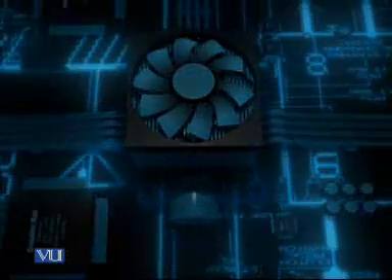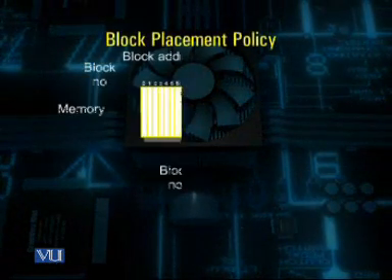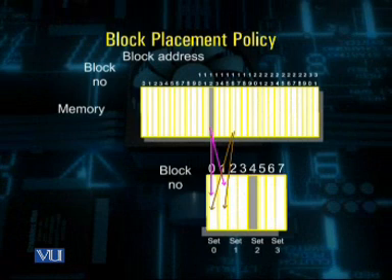Whereas the placement of a block in the cache for set associative memory is relatively complex. For this, let us have a look at this diagram. Here you can see that for a set associative mapped memory, a block can be placed anywhere in a set in the upper level memory, or say in the cache.